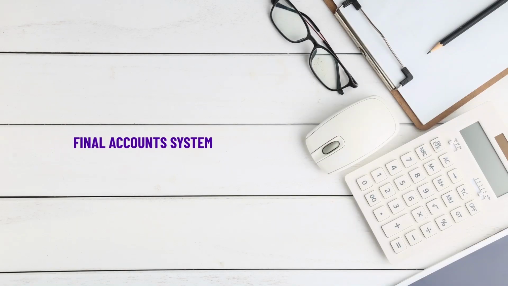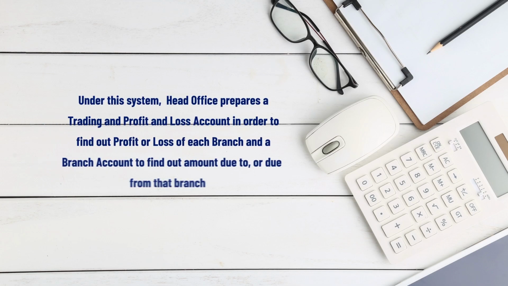Then the second method is the final accounts system. Under this system, the head office prepares a trading and profit and loss account in order to find out the amount of profit or loss of each branch, and a branch account to find out the amount due to or due from that branch.